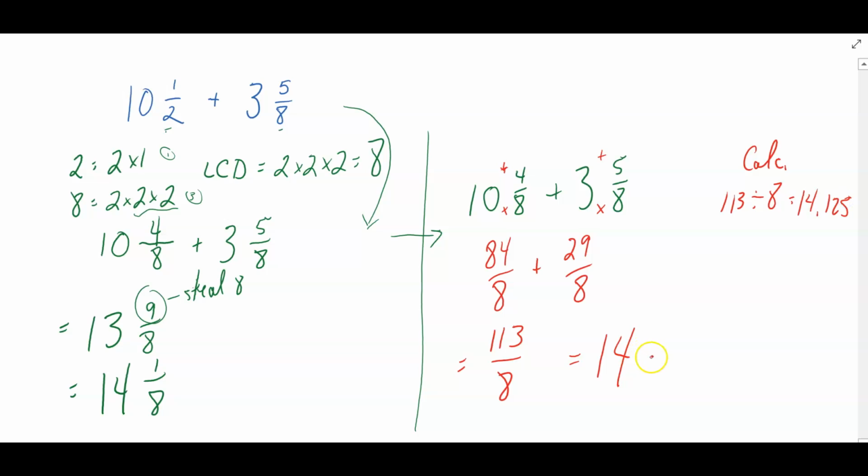And I want to know what's left over. So 14 times 8 equals 112. When that is subtracted from 113, we get 1.